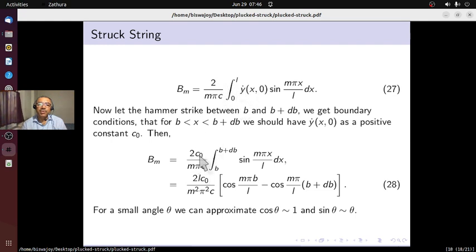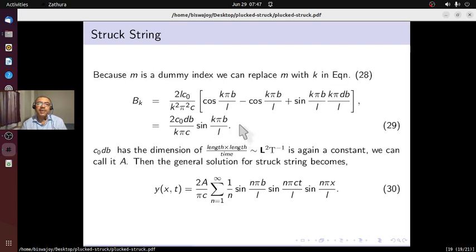So 2 c_0 by pi m c, integral from b to b plus db of sin(m pi x by L) dx. After we do the integration and put in the limits, there is a cos factor, cos(b plus db), and we use the trigonometric expansion cos A cos B minus sin A sin B, then this cos term will be cancelled, and what will remain is the sine term.